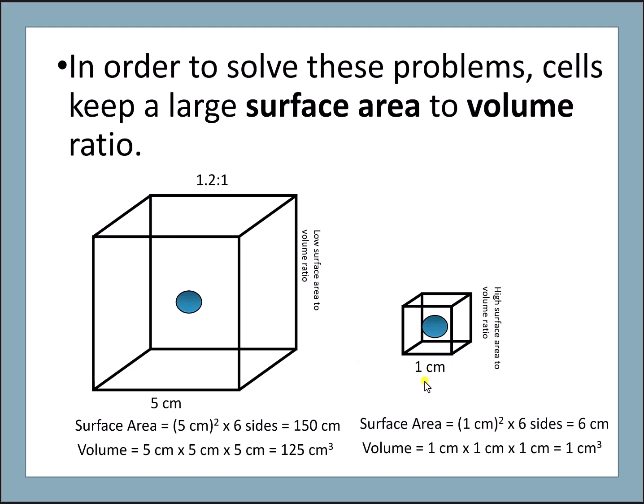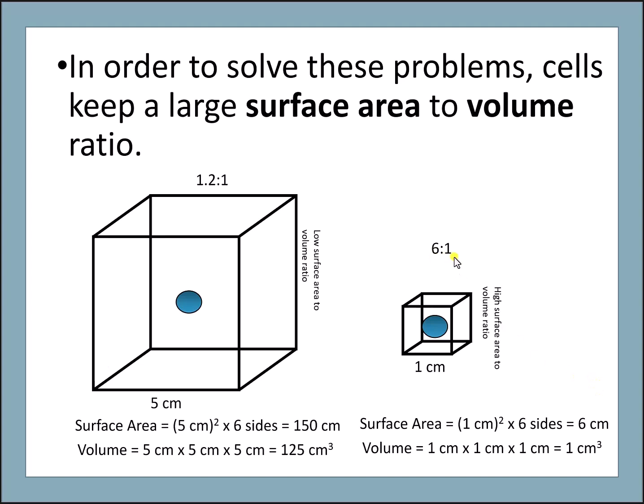For this smaller cell, if it's only got a 1 centimeter side, if we have a cube-shaped cell, the surface area is going to be 6 square centimeters, and the volume is going to be 1 cubic centimeter. So that's going to divide out to give us a ratio of 6 to 1.